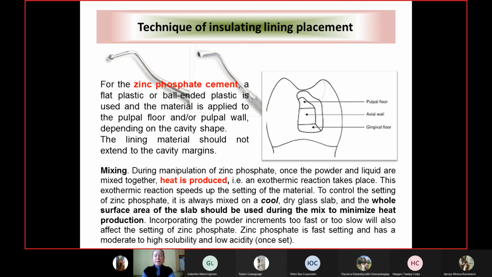That's why mixing should be done on a cold glass plate, because the cold will stop the heat, and thus mixing time can be prolonged a little bit. But it is necessary to keep in mind that this material sets very fast, so mixing should not be long, but fast, quick, to put the material inside the carious cavity at the appropriate stage.